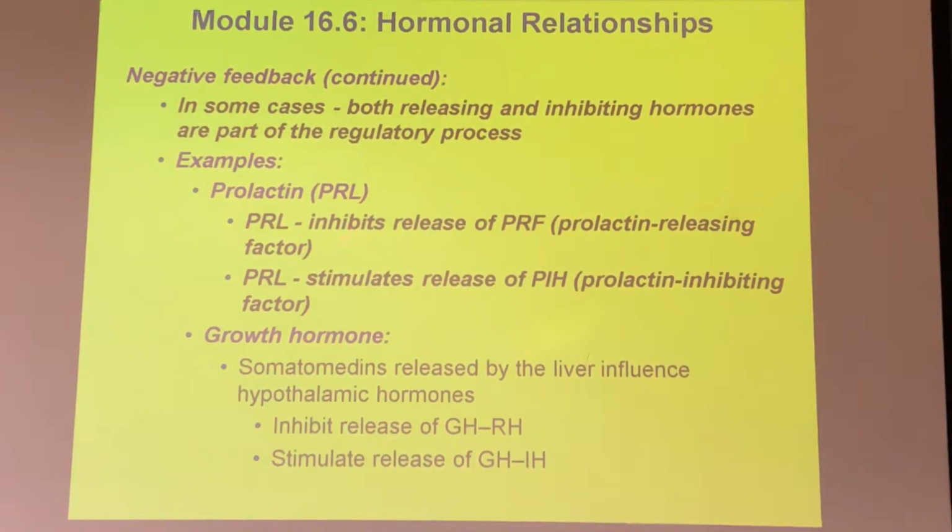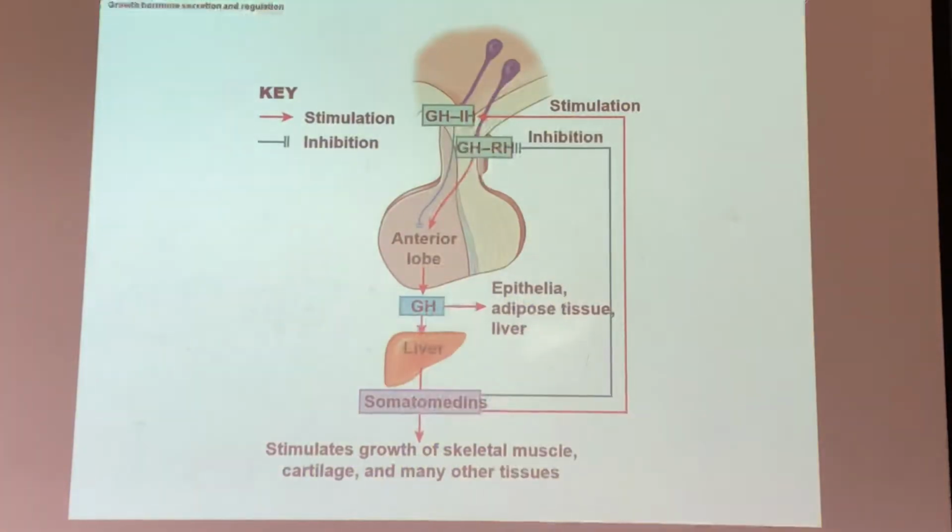One time it is inhibiting, the other time it can stimulate the release of prolactin inhibiting hormone. So they can go together. Either they can release or they can inhibit. So this is an example of stimulation. From the red one, they are stimulating, and this way they are inhibiting. So the growth hormone inhibiting hormone is inhibiting, meaning two lines are for blocking, and the arrow is for stimulating.